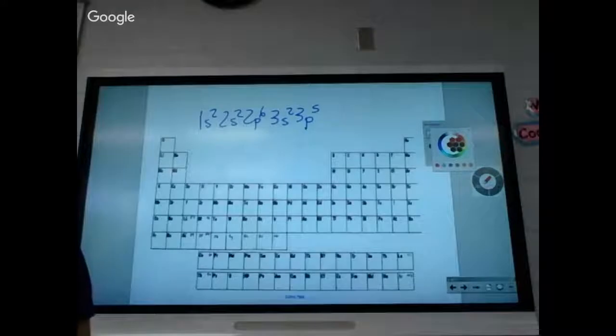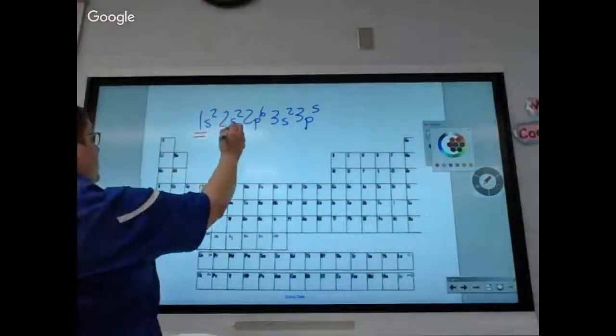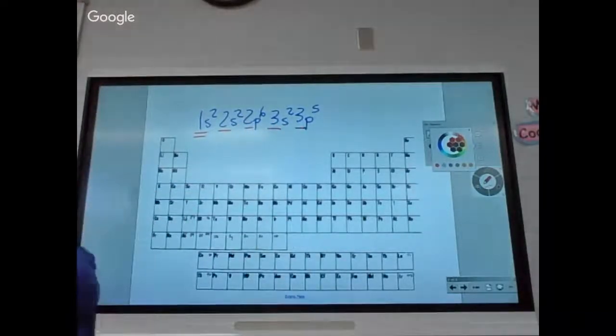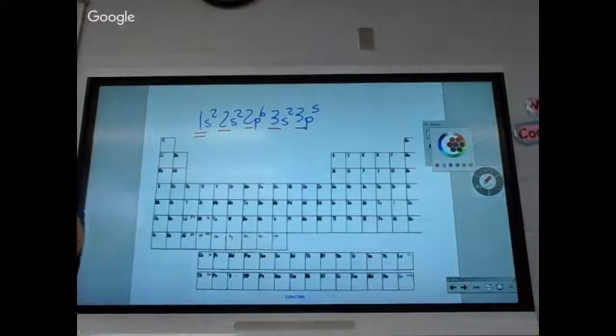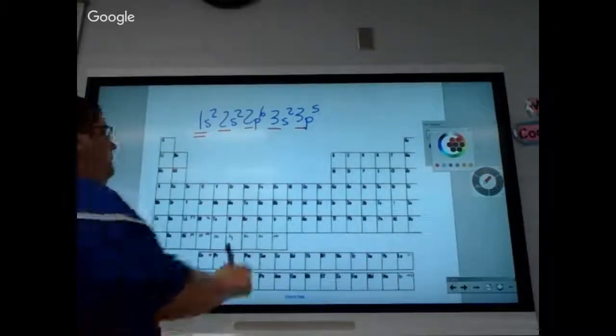Energy levels. It said energy levels. Okay? 3. This is an energy level. 2 is an energy level. 3 is an energy level. So it occupied 3 energy levels. Why can't we just go down on the chart? You could. What's the relationship between energy levels and the periodic table? Anybody figured it out?